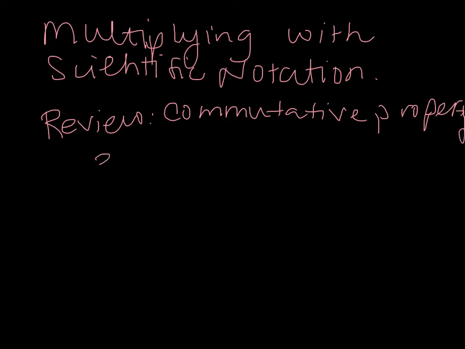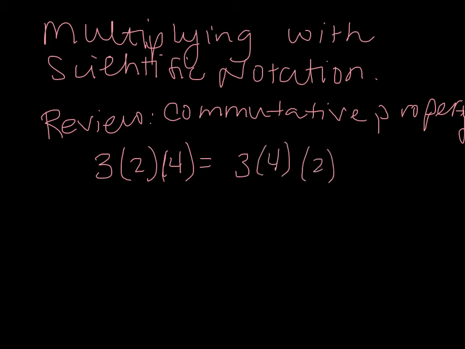Okay, so if I did 3 times 2 times 4, okay, it's the same as if I did 3 times 4 times 2. Okay, so it doesn't matter what order I multiply in, because it's multiplication. As long as I'm multiplying them all together, we're good to go. That's not the same for subtraction and division, just multiplication and addition, they both work. Okay, so here we go.